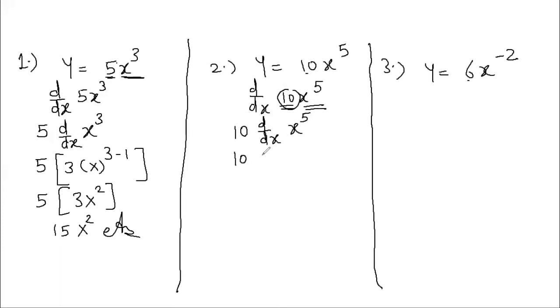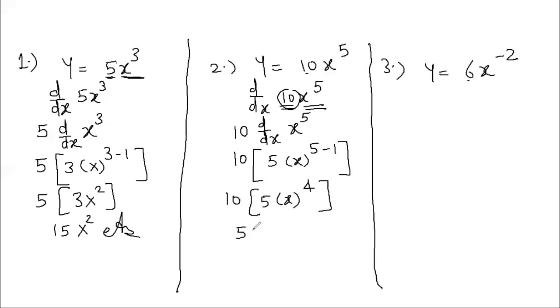So this is the 10. What is the differentiation of x to the power 5? Please use the bracket sign here. Power comes first, x, and whatever power you have will be taken away by 1 according to the rule. This is 10, 5, x. 5 take away 1 is how much? 4. Can I do 10 times 5, how much? 50 here, and x to the power 4. So that is the answer of this question.